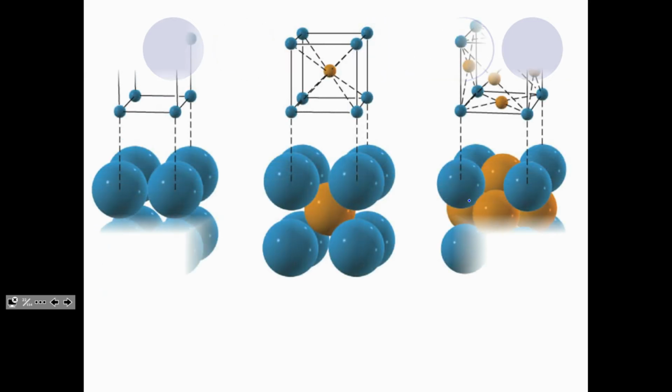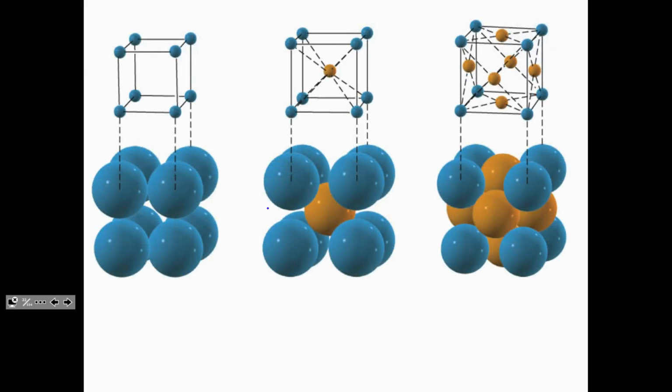So there are three different types of structures. And here they are. So based on the name, simple cubic, body-centered cubic, and face-centered cubic. Well, the one on the far left is going to be simple cubic. If we have a cube, on each corner, each vertex, we have a metal cation.